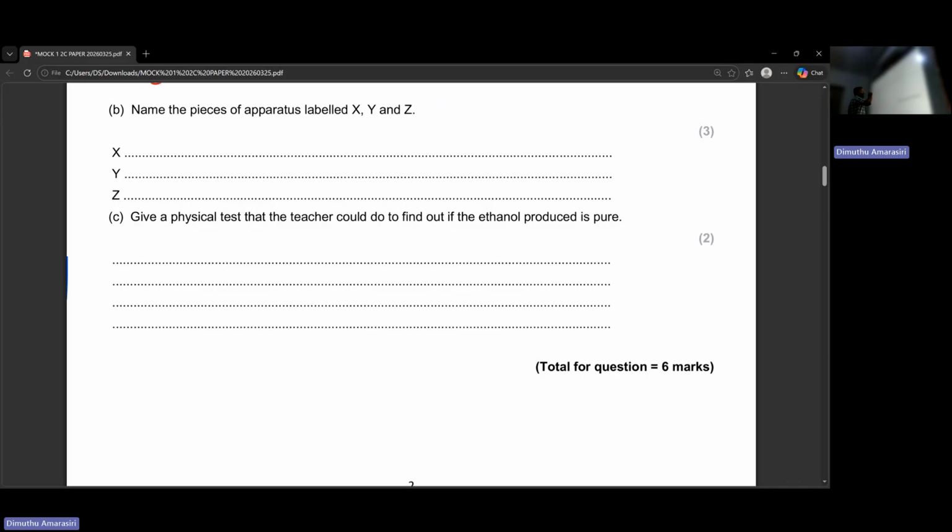If you want to find out whether a liquid is pure, and it's a physical test also, ethanol in the pure water, what you have to check is: heat and measure the boiling point. For a solid, it would be melting point.